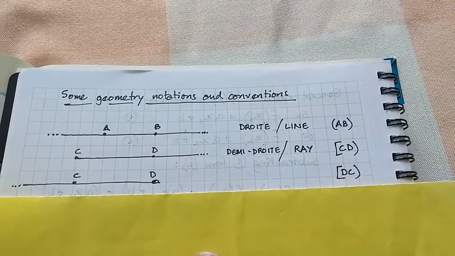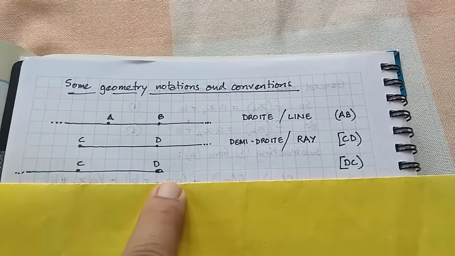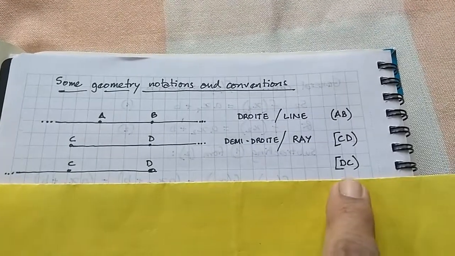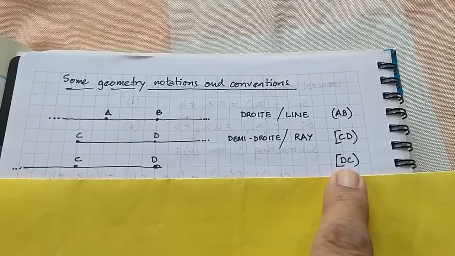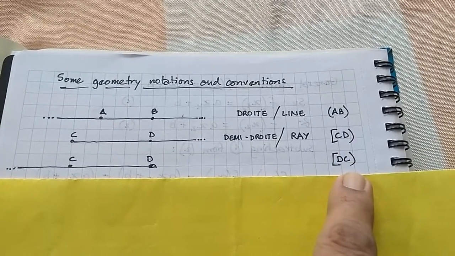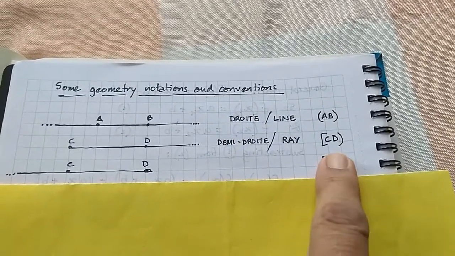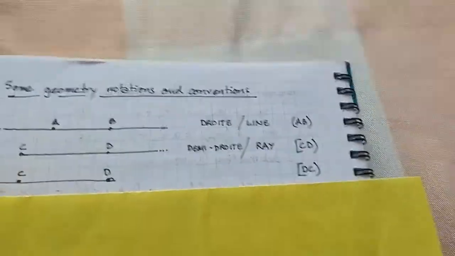Okay, if I draw it like this, if I have another demi-droite which starts at D, goes through C, and like that, then you write it like this, [DC), square bracket on the D side, and then C and curved bracket. So it means that when you write a demi-droite, you always put the square bracket on the side where it starts.